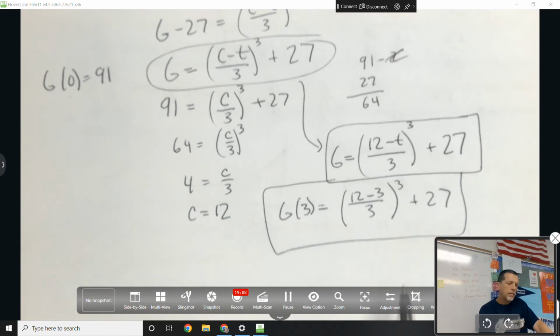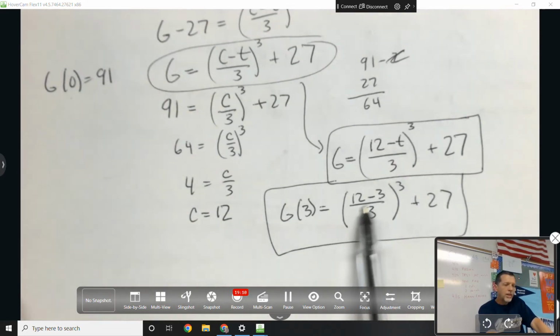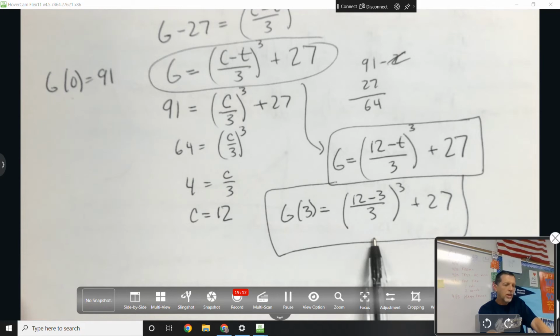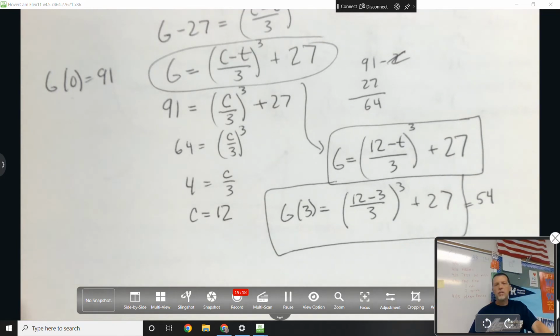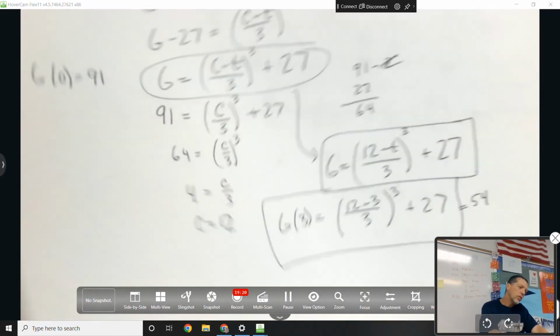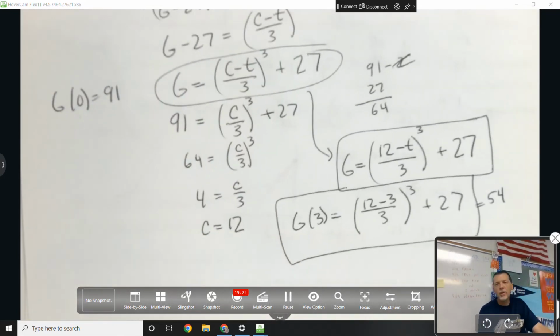Now, if we did want to, 9 divided by 3 is 3. 3 cubed is 27. 27 plus 27 is 54. Our earlier guess was 43, so 54 is sort of in the ballpark, so I feel okay about that answer.